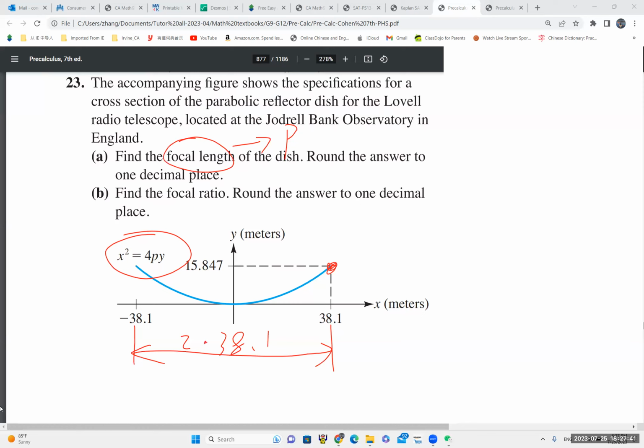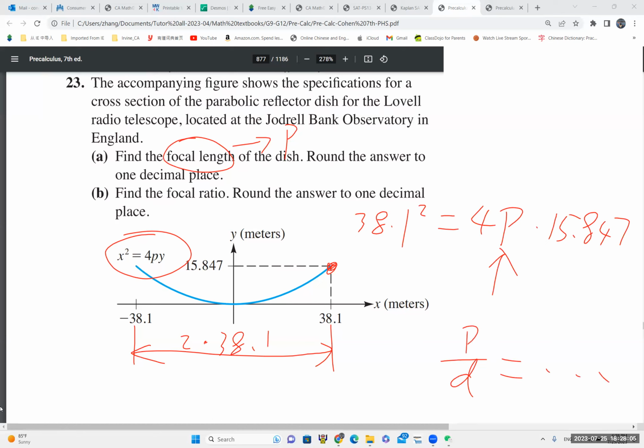That means we have x equal to 38.1 and y equal to 15.8, and x squared equals 4py. Then we can get P. And we also have D, so we can get the ratio P over D, right? Then this problem is done.